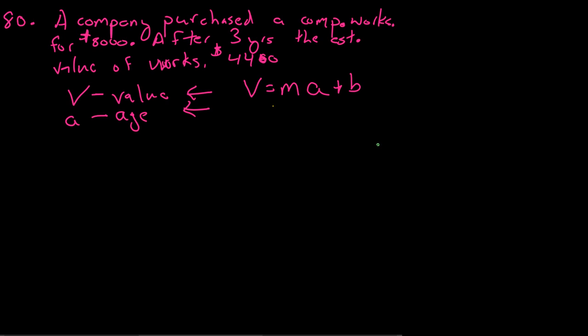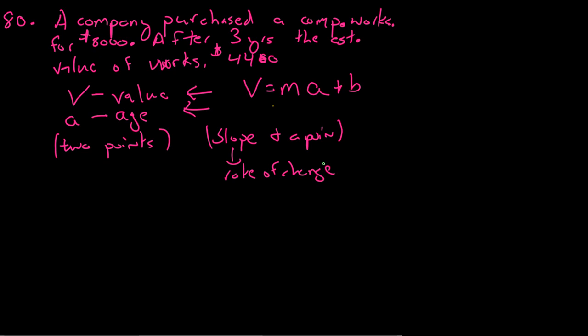So we need two pieces of data to do this. We need either 2 points or we need a slope and a point. Now, a slope is a rate of change.